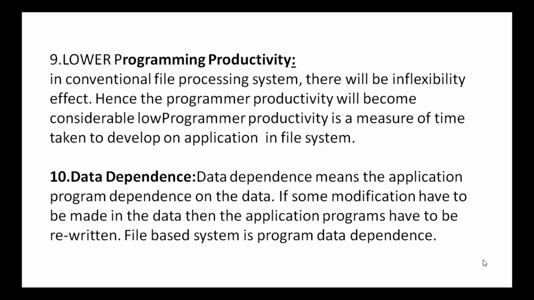Because all the application programs are developed based on what type of data you have stored on the hard disk. That's why if there is a minor or major modification in the data, you have to change the application programs also. That is a major disadvantage in the file system environment, called data dependence.